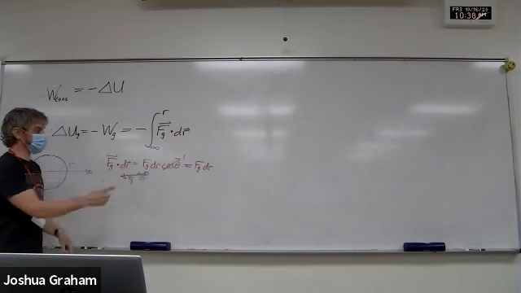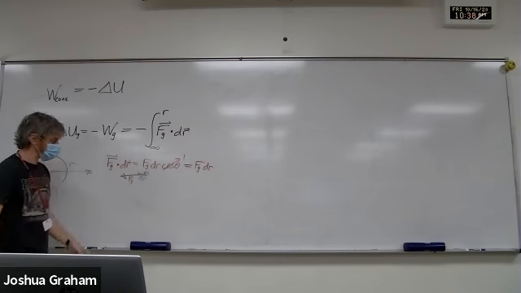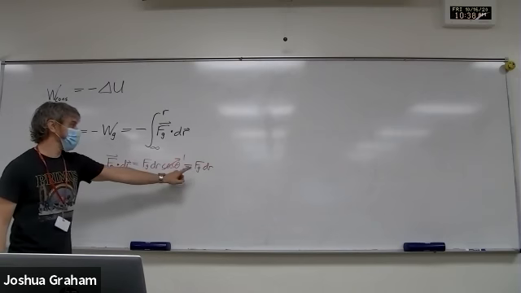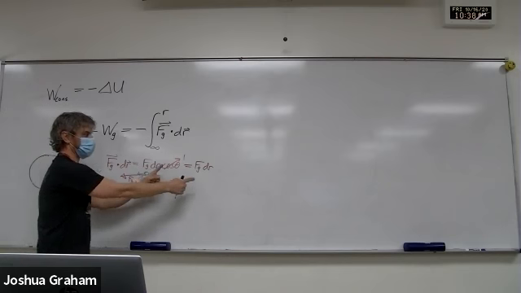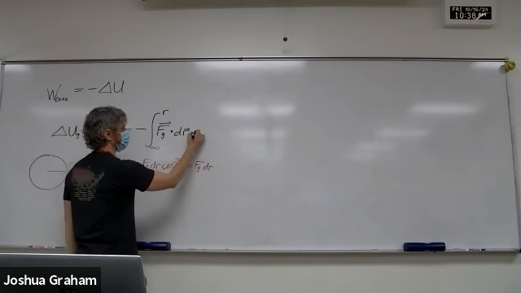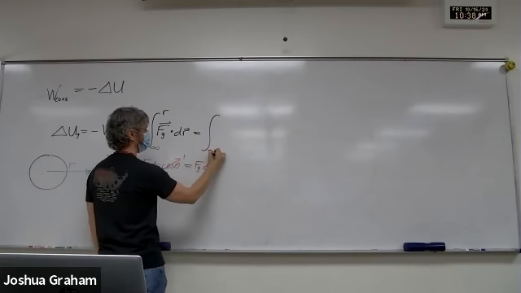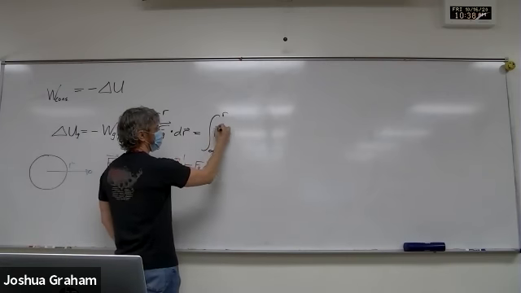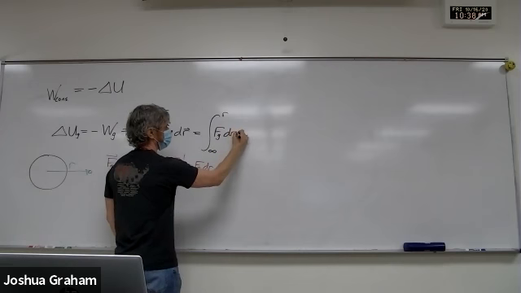If it was that way, then my drs would be in the opposite direction, and the cosine of the angle between them would be negative 1. Okay. So once I know what the dot product is, it is a scalar, it's just Fg dr, then I can say, all right, well, this is just the integral from infinity to position r of the gravitational force times dr.